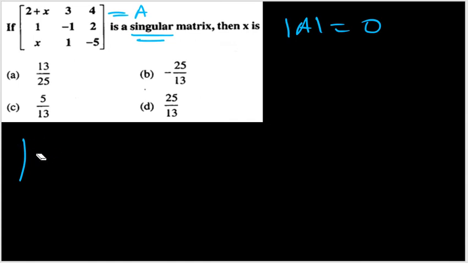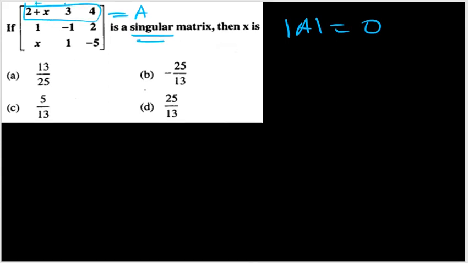You know how to find the determinant. Select the first row, and plus, minus, plus cofactor signs. The first entry is 2 plus x, times, when you omit the first row and the first column, what remains? Negative 1, 2, 1, negative 5.